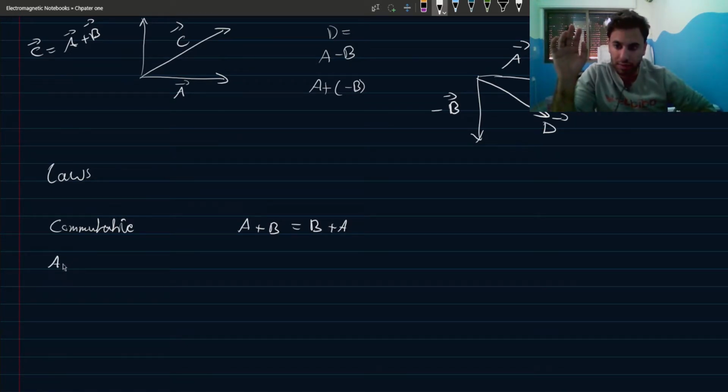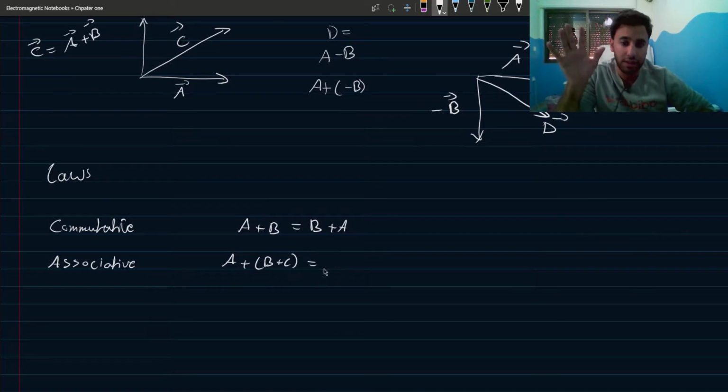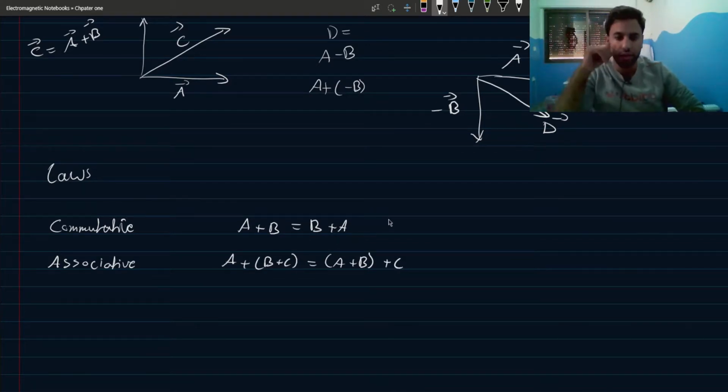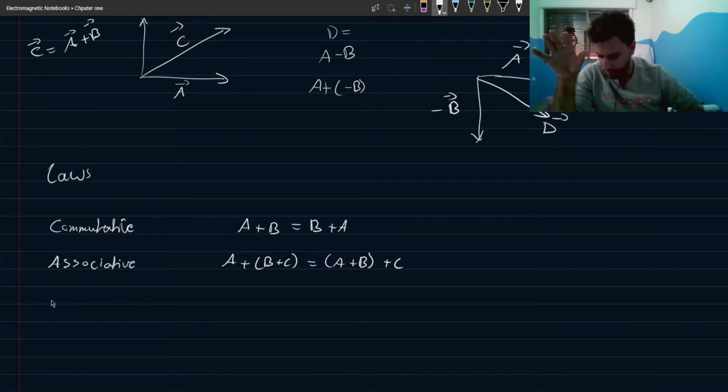It is also associative, which means A plus B plus C is equal to A plus B in parentheses plus C. So when adding vectors, the order of addition doesn't really matter.